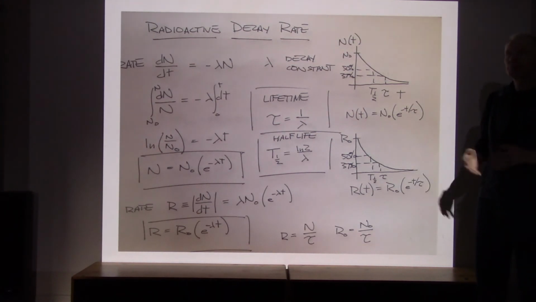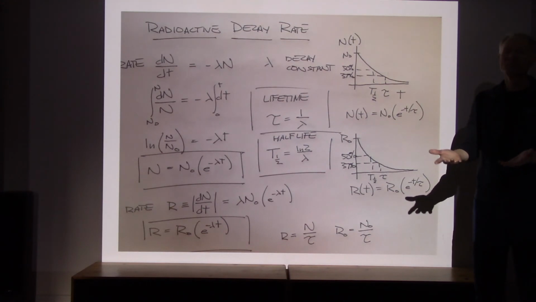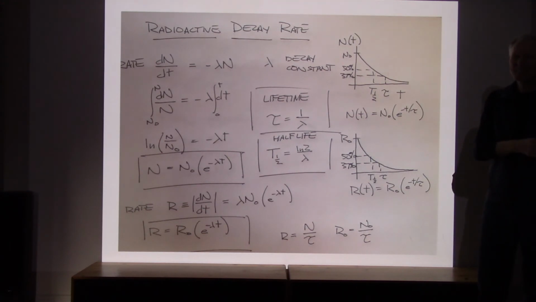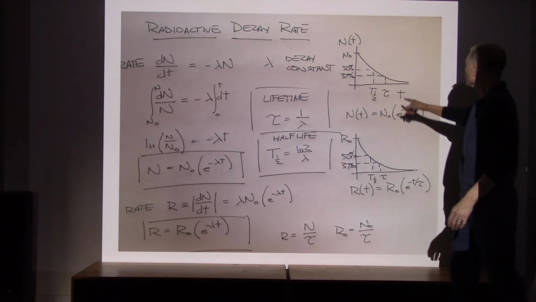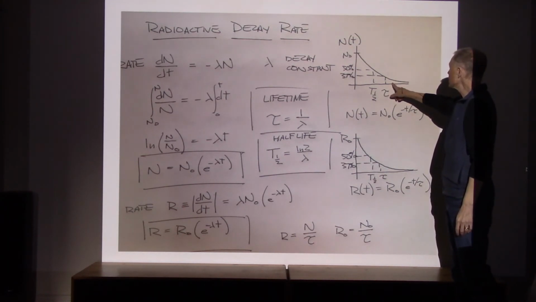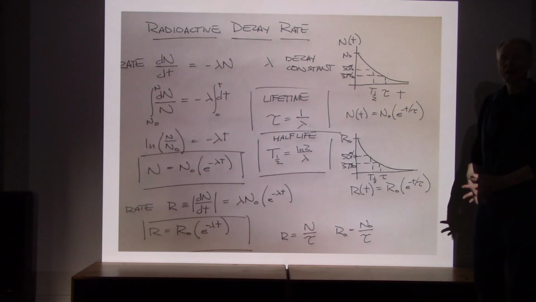Well, at some point, that last radioactive nucleus does decay. Now, statistically, we can't really predict exactly when, so this curve becomes a theory curve as to our best guess as to how the numbers will drop off with time.